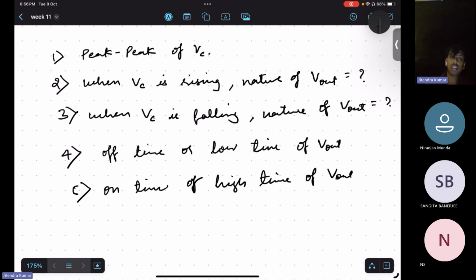So this much we have to calculate. And finally, what is the frequency of the output? If we calculate the on and off time and sum them up, we are going to get the overall frequency of the output.